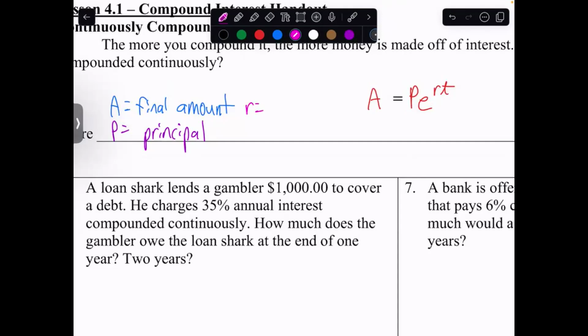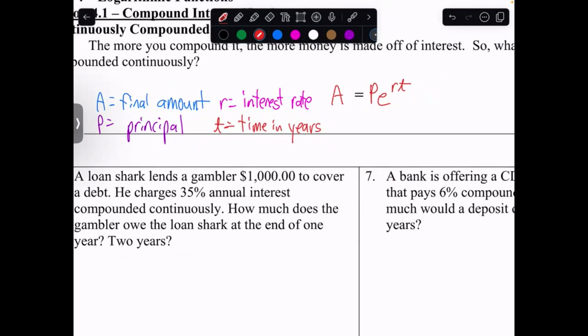R is still the same thing. T is also the same thing. The only new part of this formula that we haven't seen before is lowercase e.